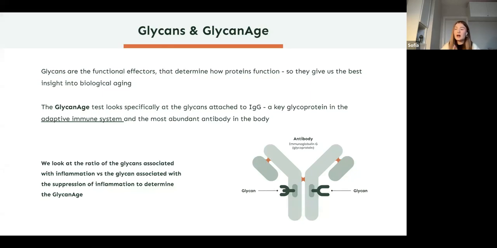If the glycans on the immunoglobulin G are predominantly pro-inflammatory, then the response of our immune system will be pro-inflammatory. So what we are looking at is the balance between these two responses.